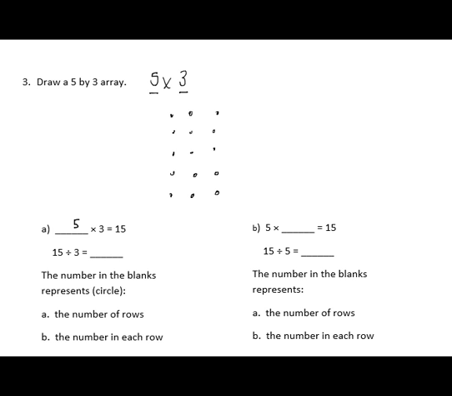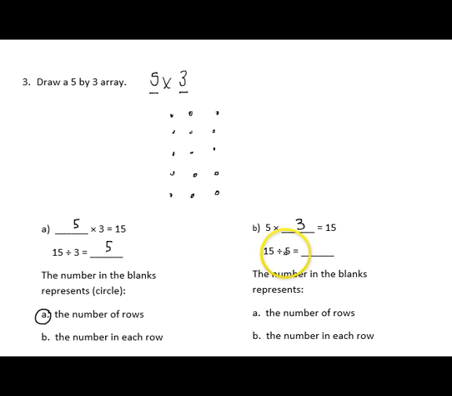I can also say that if I take 15 and put them into rows, and there are 3 in each row, I end up with 5 rows. In this situation, the number in the blanks, or the 5s, represent the number of rows that I have. If I look at the related question, 5 times 3, so 5 groups of 3 give me 15 dots.